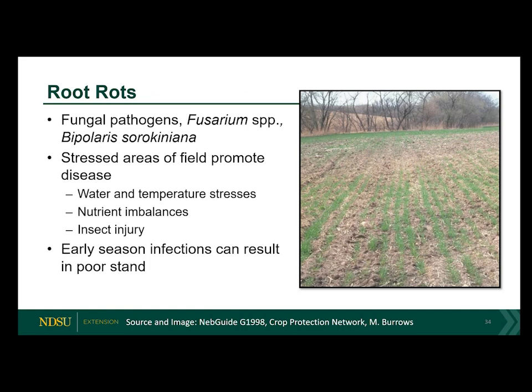Root rots. We have multiple pathogens that can be the cause of this. We have different Fusarium species, the other Bipolaris one, and we have stress areas of the field that are really going to be promoting this disease. That could be too much water or too little water, nutrient imbalances, insect injury, anything to get the plants a little bit more stressed.